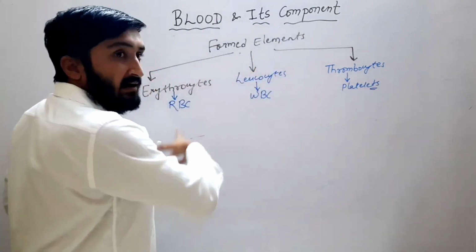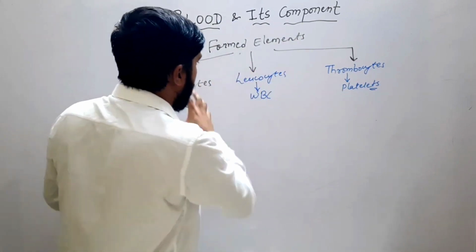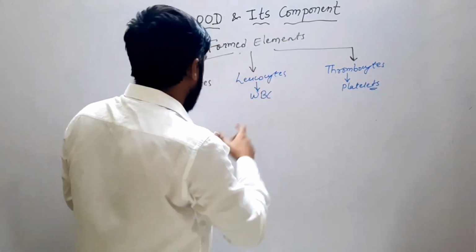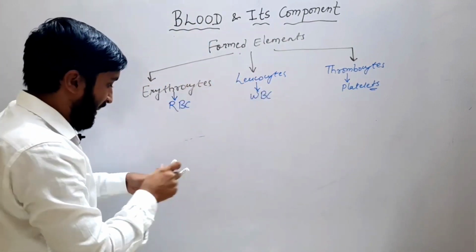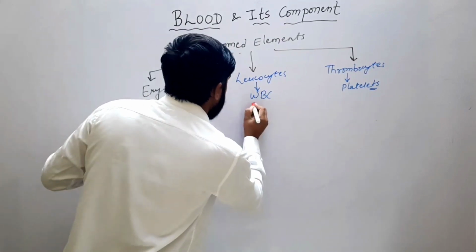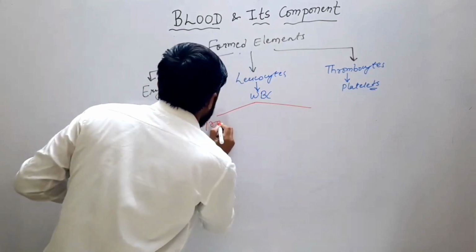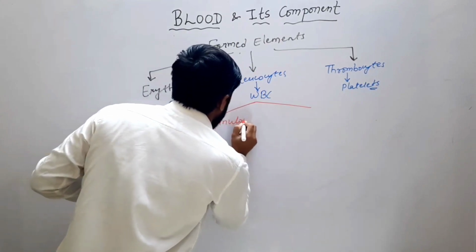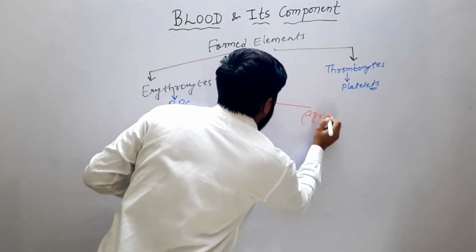Now RBC contain hemoglobin, so it is red colored in appearance, and WBC is white colored in appearance. Now the WBCs are further divided into two types. What are those two types? First is granulocytes and second is agranulocytes.